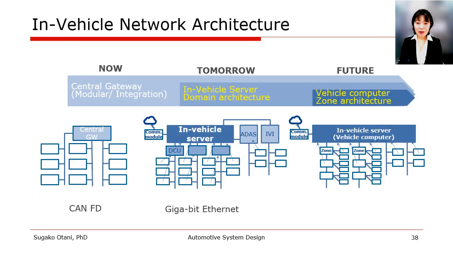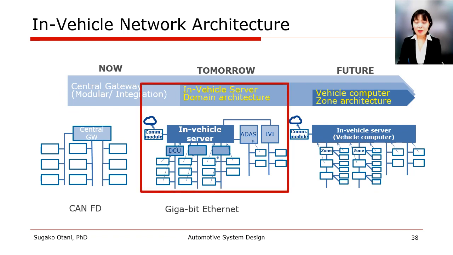In vehicle network architecture, we also follow the evolution of EE architecture. Currently, the system is at the central gateway stage, where the number of ECUs is increasing to more than 100 as the amount of data handled increases. The next stage will be the in-vehicle server domain architecture, where the amount of data will increase due to the addition of ADAS ECUs, and the spread of gigabit Ethernet will accelerate.